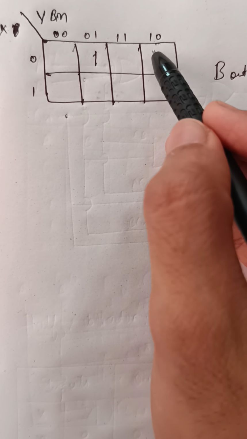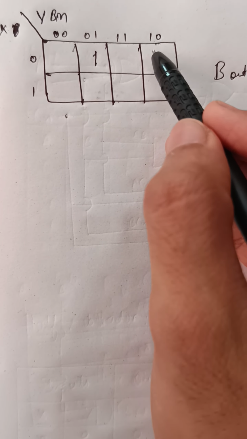Okay, and the next x is 0, others are 1, here y and borrow in are 1 and x is 0, and the last output all are 1, that is 1 1 1, that will come here.